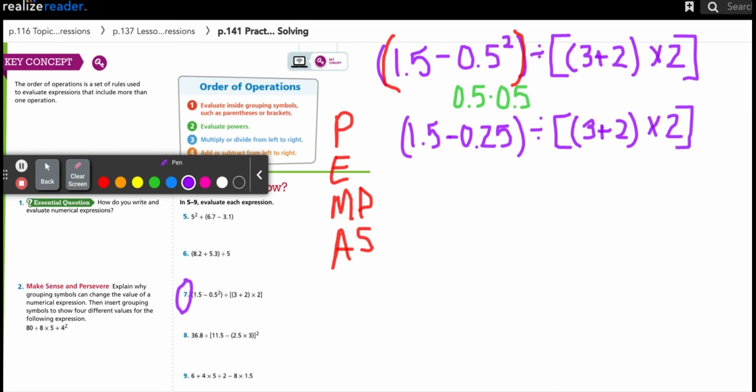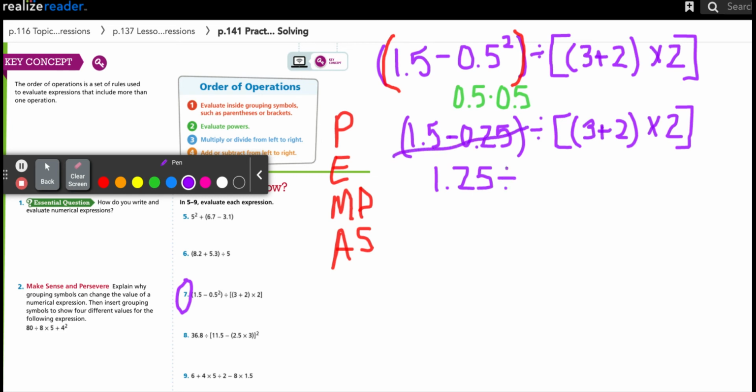Okay, we're still going to be working in those same parentheses. So 1.5 minus 0.25. Put it in your calculator. What did you get? 1.5 minus 0.25. I got 1.25. That takes care of that parenthesis.